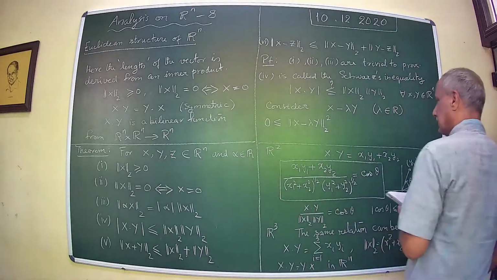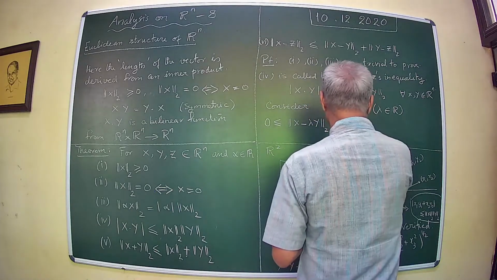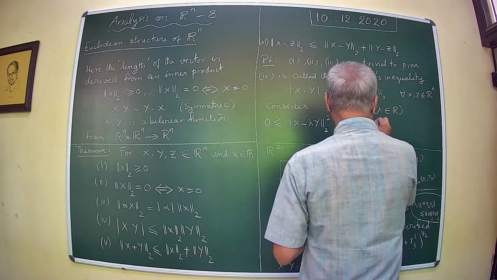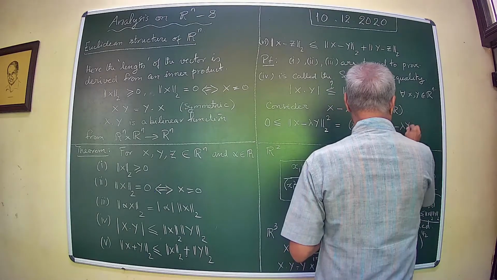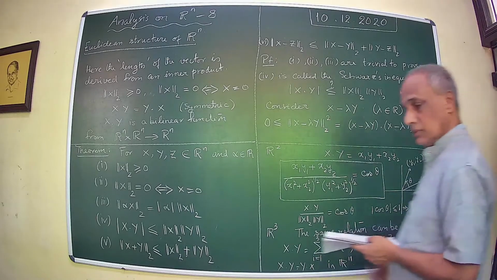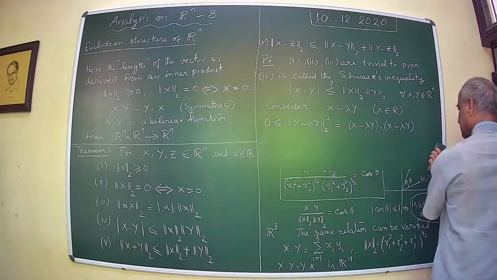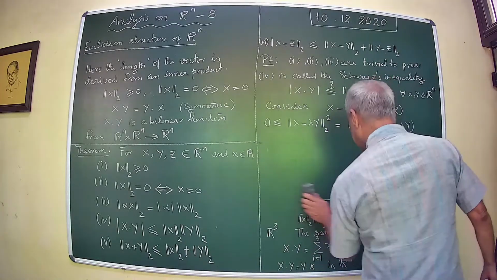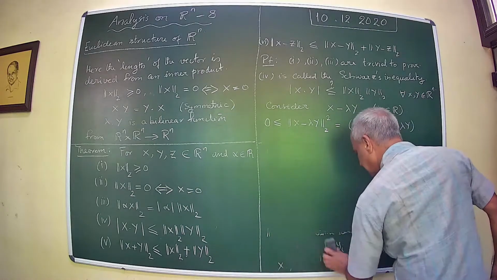And this is equal to x minus lambda y dot x minus lambda y. It's the dot product of these two. Now it's easy to compute it.